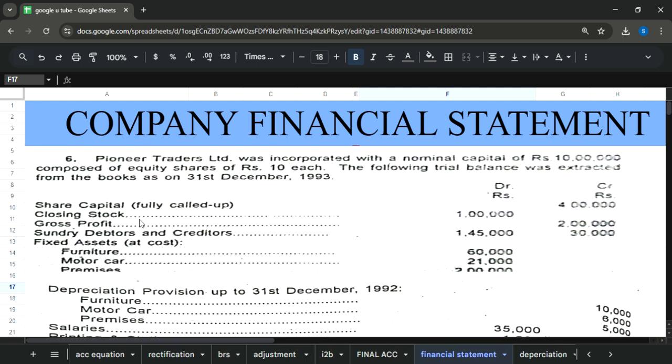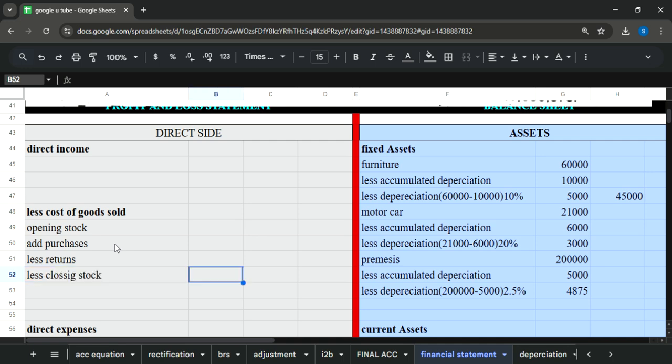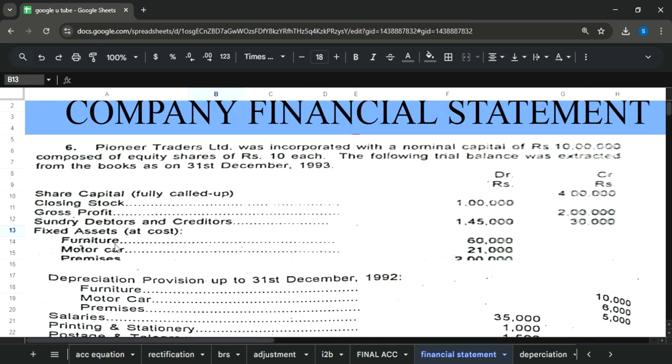Next is closing stock. We'll go to cost of goods sold statement, and here first opening stock, then we will add purchases, after which we will subtract returns, and then closing stock would also be subtracted, and this is the closing stock we are talking about. But very important, you can see that this closing stock is present in the trial balance. It would have a single effect.